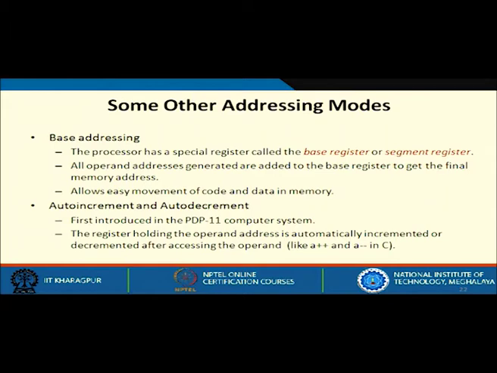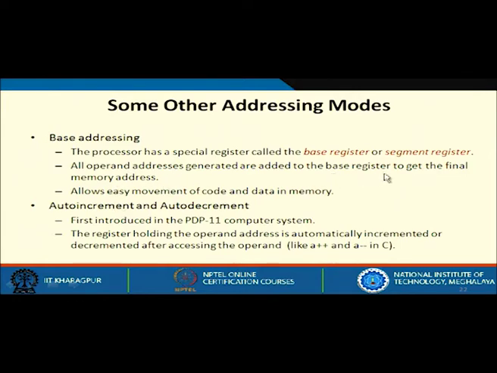There are some other addressing modes as well, like base addressing mode. In base addressing mode, the processor has a special register called the base register or segment register, and all operand addresses generated are added to the base register to get the final memory address.